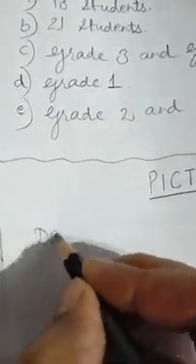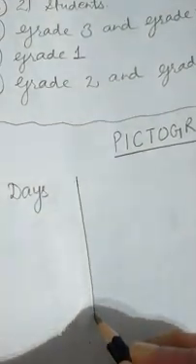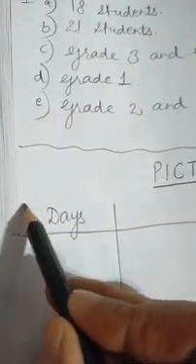Here we will write days, and here we will write the key. What key is given here? That is, this one flower is there.